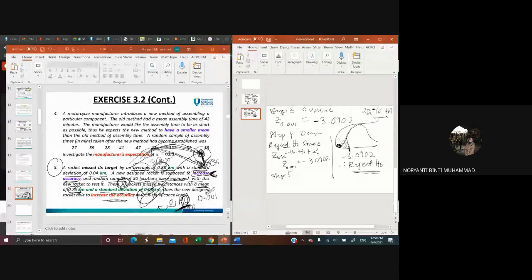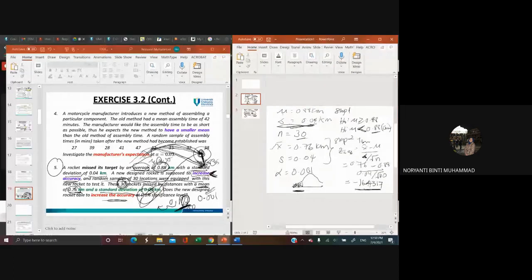So here, reject H0. If you look back at step number 1, reject H0 means you didn't get this one. This is your answer, this is what you get. And in here, actually, what does it mean? It increases the accuracy, isn't it?